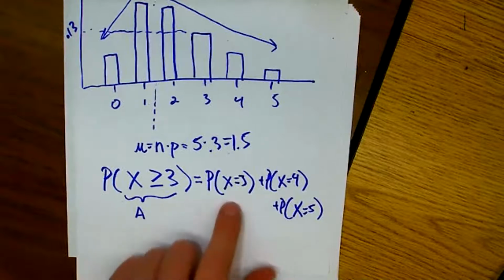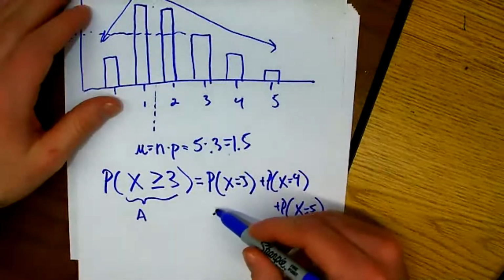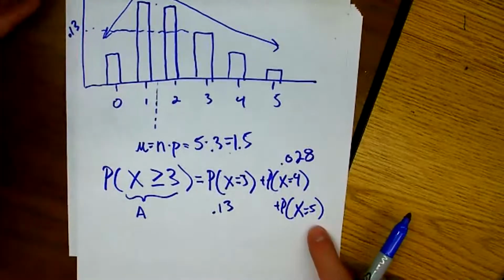Now, it's a little bit of a pain because we're going to have to use that binomial equation 3 times. Well, in this example, we had this was 0.13, this was 0.028. So we really only have to do it one more time.